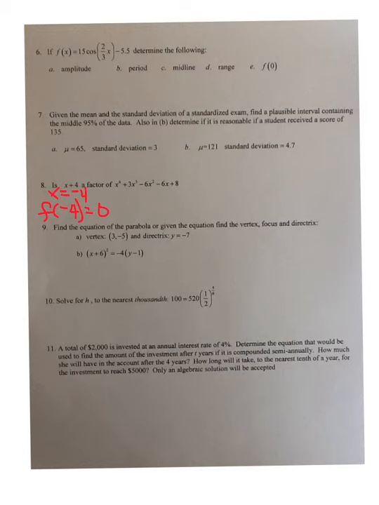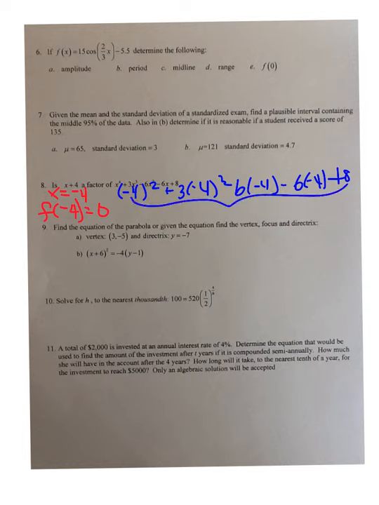So I'm going to plug in negative 4 into the equation for x. So it's negative 4 squared plus 3 times negative 4 to the third minus 6 times negative 4 squared minus 6 times negative 4 plus 8. So just plug that in the calculator, plug it in all at one time, and when we plug it in, this actually comes out to be 0. So that means this is a factor.